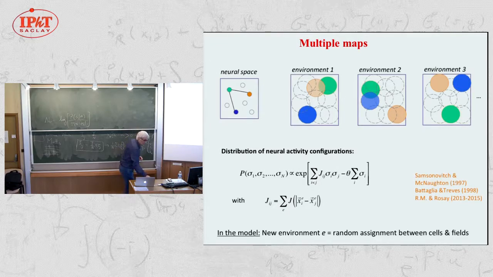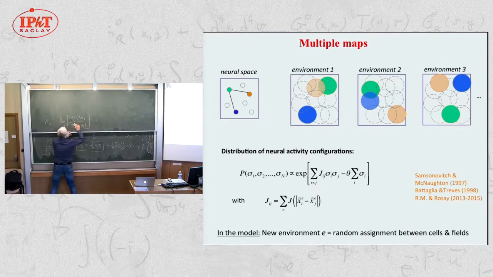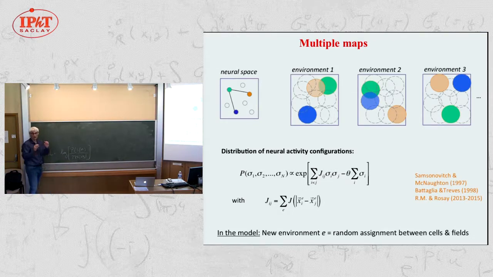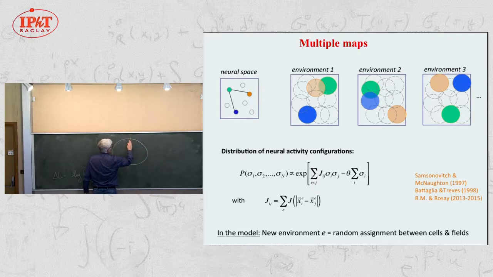Okay? So it's a kind of random matrix model. For instance, if I have a 1D environment with periodic boundary conditions, this is my space. Then there will be some place fields. So this is, for instance, neuron number 1. It will have a place field covering this part here, right?